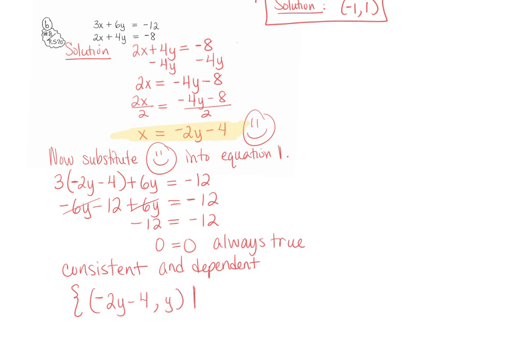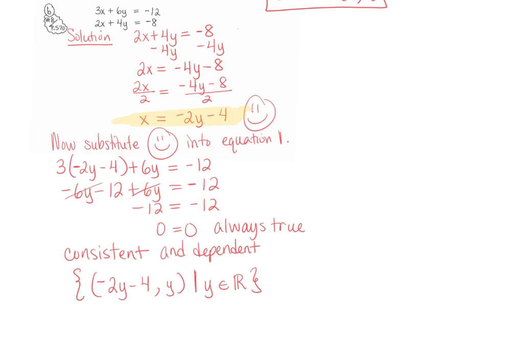This vertical bar means such that. Now we're reminding ourselves of set notation. Y is an element of the real numbers. Let's remind ourselves of our set notation because it's been a while since we've seen it.